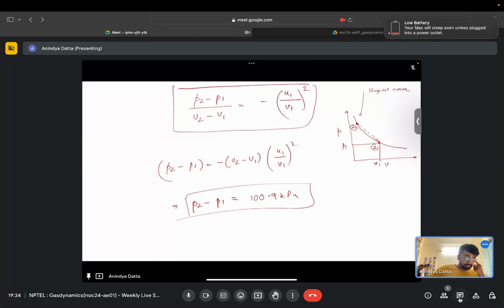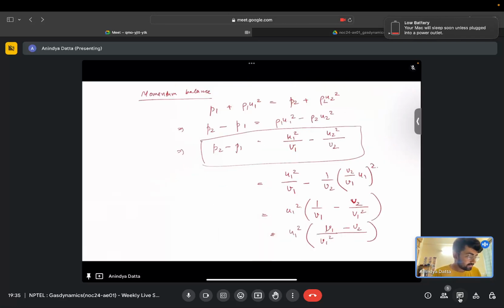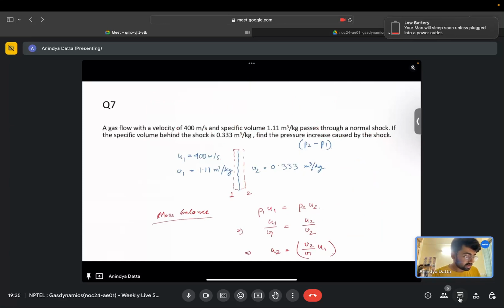Okay, so this is just, we didn't have to actually invoke the Hugoniot equation. We could just take the mass balance and the momentum balance, and with some manipulation we got the answer.